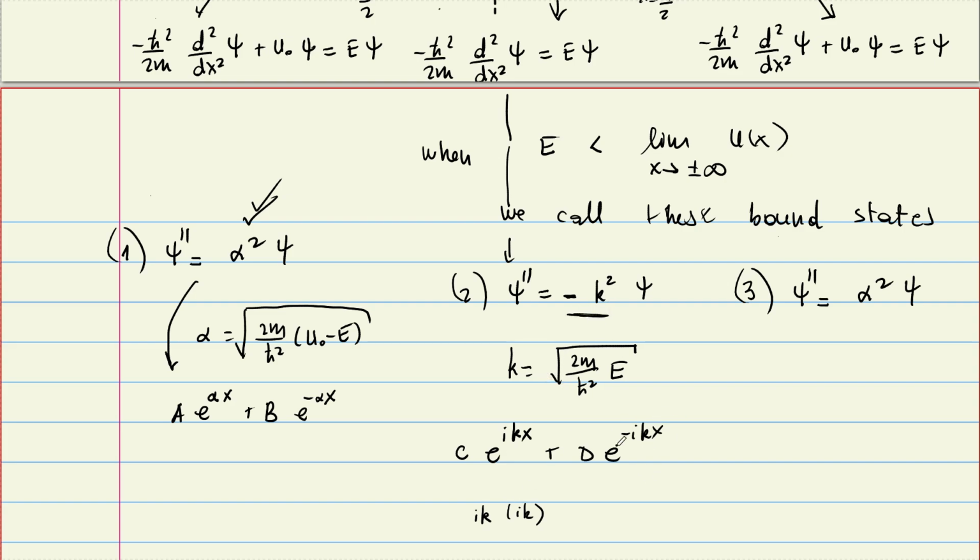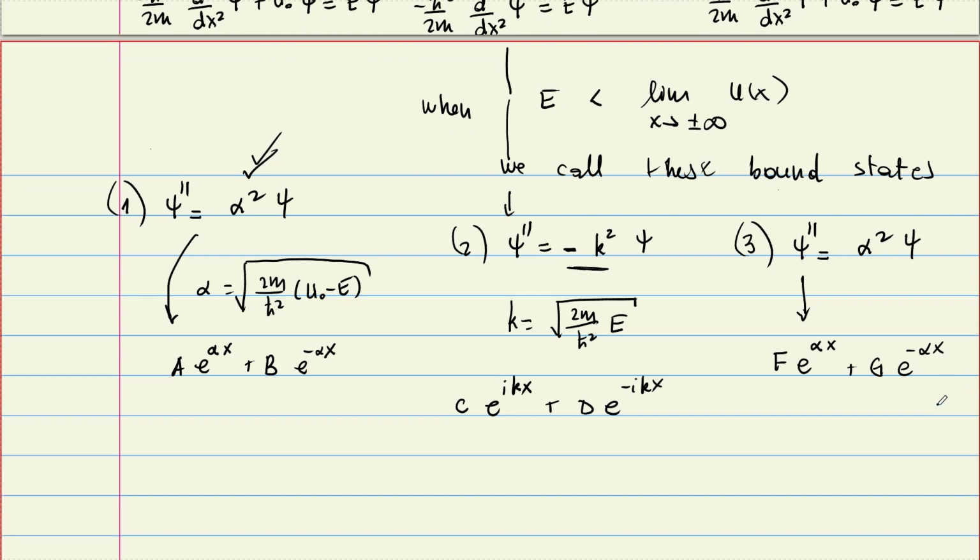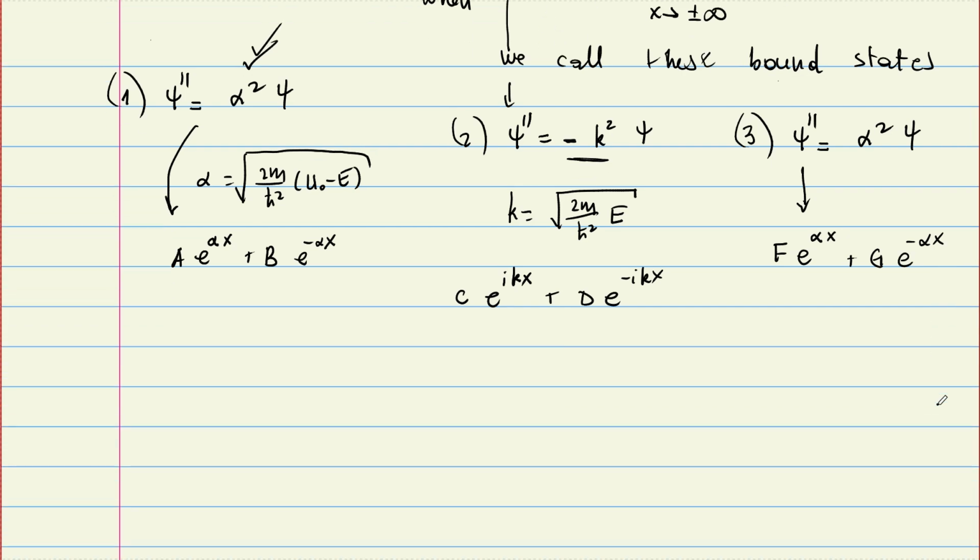And same thing for minus i. And here I have A, B, C, D. E is for energies, so let's skip E. F e to the alpha x plus G e to the minus alpha x. These are the solutions. Now we need to fix boundary conditions. Okay, let's use boundary conditions.